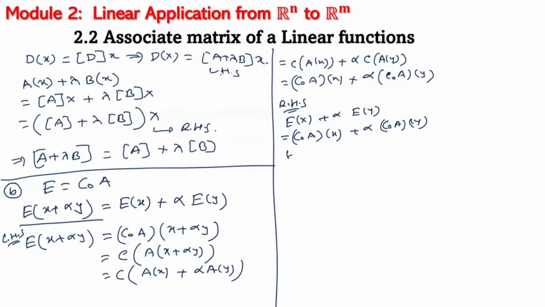So therefore left hand side is equal to right hand side. So therefore C composition A is linear. Together this gives C composition A belongs to L from Rn to Rn. Now we have to show that this is the matrix form of this composition.